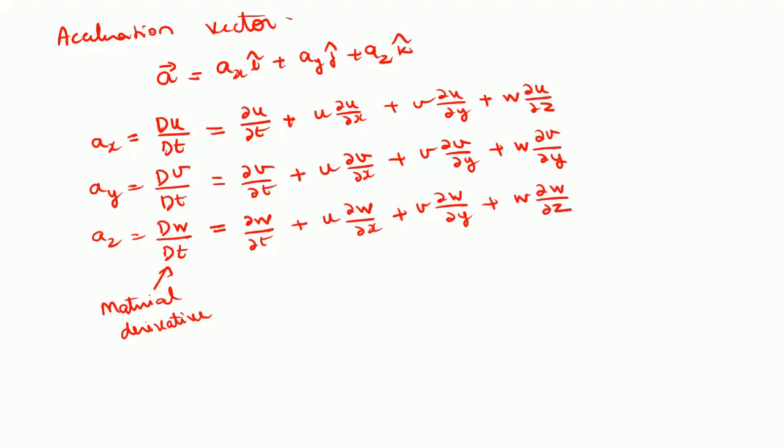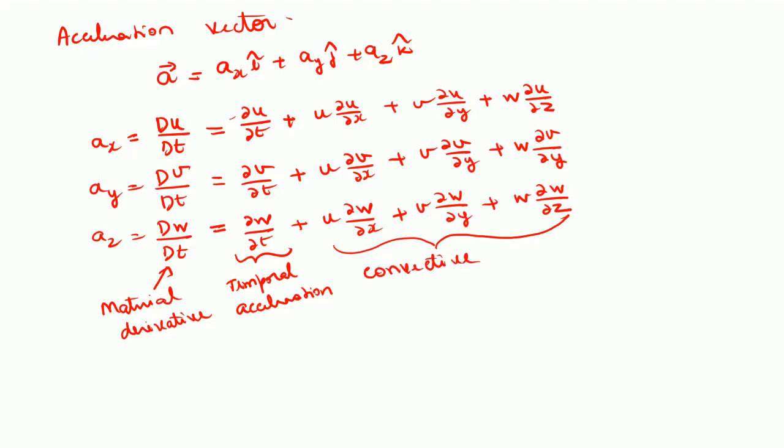Here there are two parts. These three terms, 1, 2, 3, are called temporal acceleration, and these are called convective acceleration. Very important. Now what is happening here?